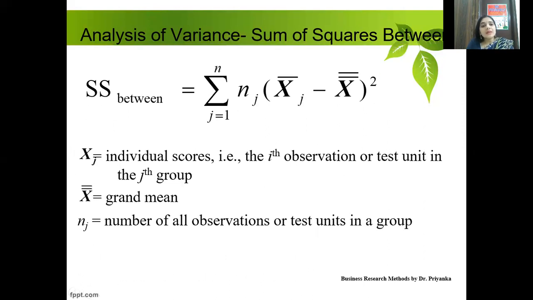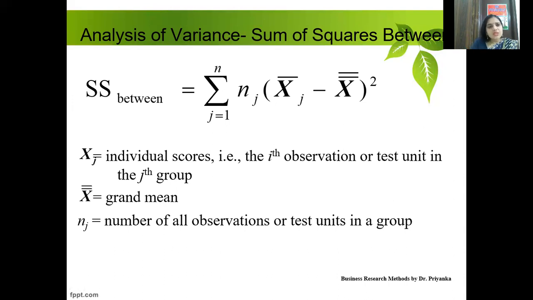Then we'll be calculating SS between, with j going from 1 up to c. Till now we were discussing j equal to 1 up to the cth column, but now it is not needed, because we are calculating SS between, so we do not need columns here. And nj, the number of observations or test units in that particular group, is multiplied by x bar j minus grand mean, and the whole square.